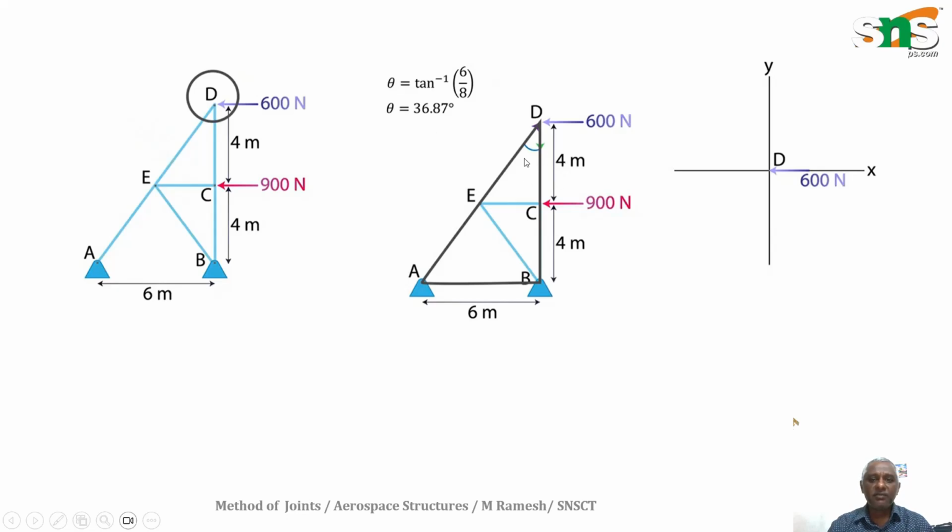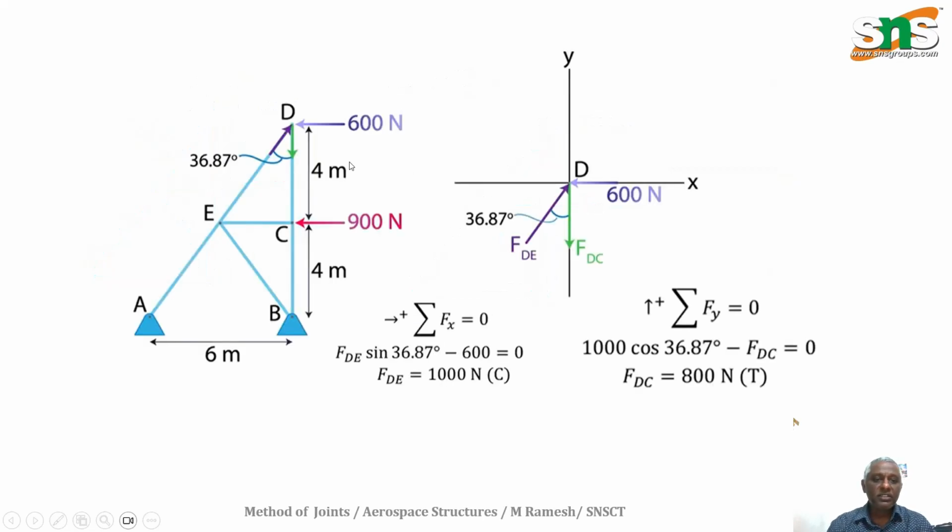Now let's come to the free body diagram. What are the other things that will come? We have DE as well as DC. DC goes towards the left side, and DE let's take towards this side.